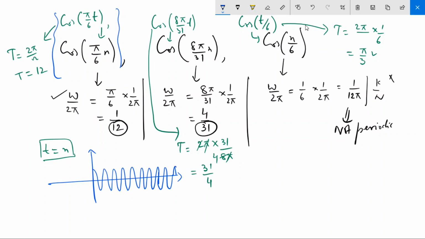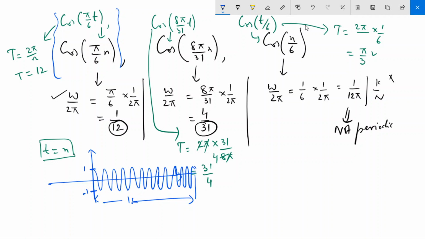This is one cycle, 2, 3, 4, 5, 6, 7, 8, 9, then 10, 11, and 12. And this time period is your 1 second. This is cos of pi by 6t, plus 1 to minus 1, phase is 0.